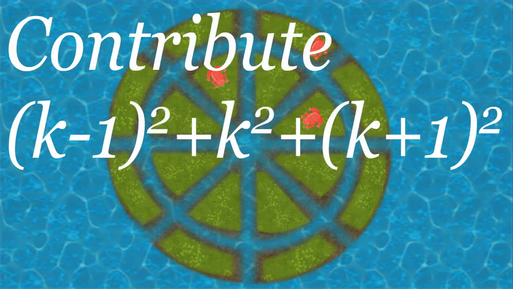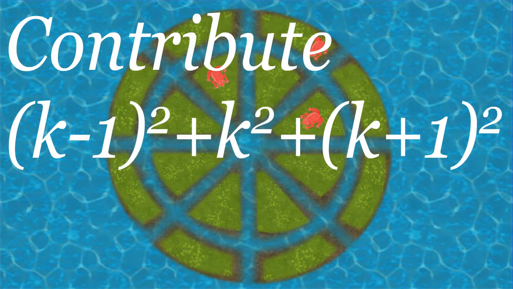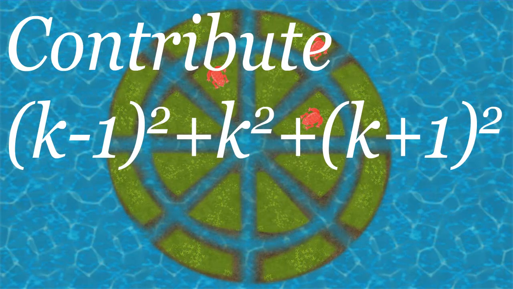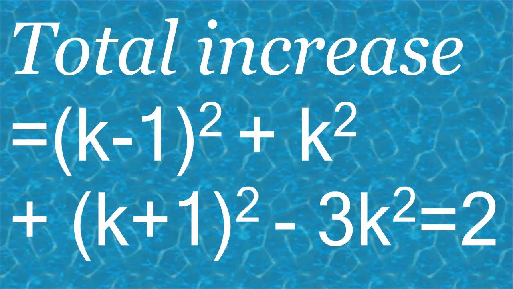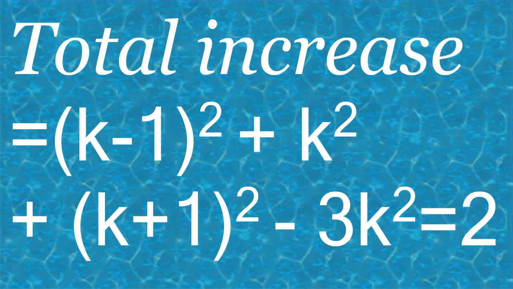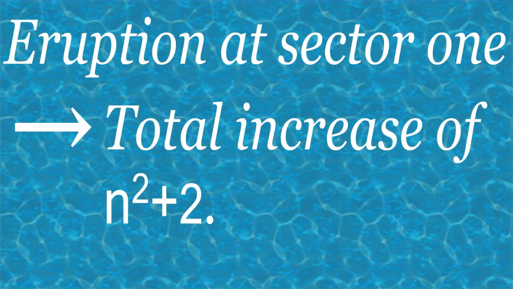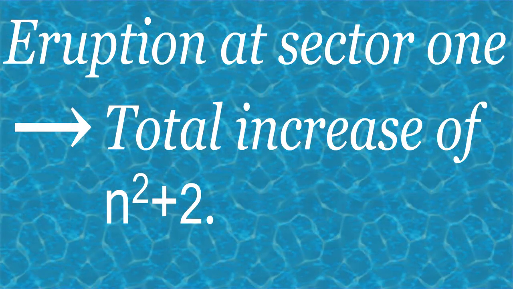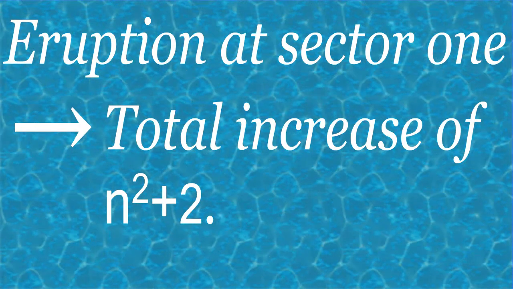Hence, now they will contribute (k-1) squared, plus k squared, plus (k+1) squared, to the clock number. Hence, the total increase in the value of the clock number is exactly 2. Similarly, it can be shown that if an eruption occurs at sector 1, then the clock number is increased by n squared plus 2.